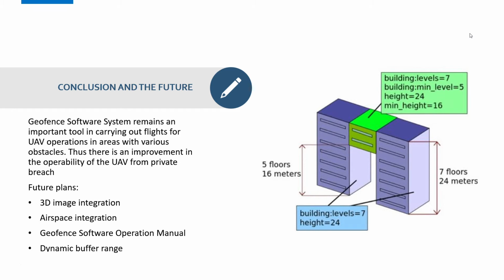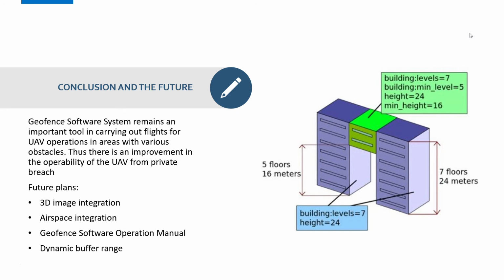Thus, there's an improvement in the operability of the UAV, and in order to further develop this software system, we suggest the users or the further developers look into 3D image model integration, and also if they can work with the authorities so they can integrate the airspace regulations directly and have it operated on every legally owned drone, so this will reduce lots of hassles.